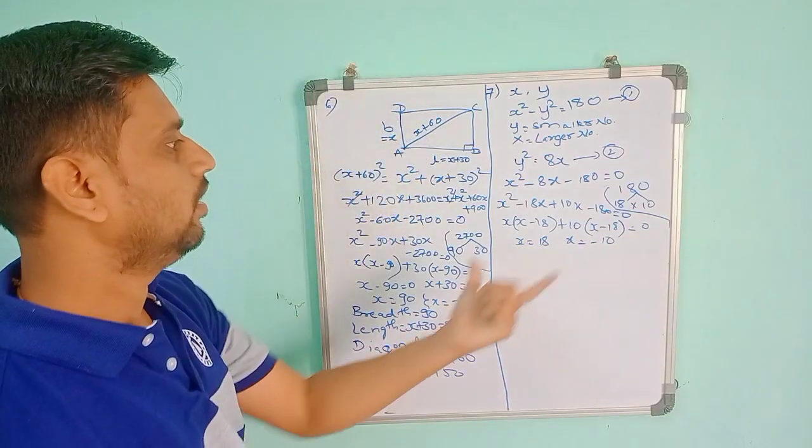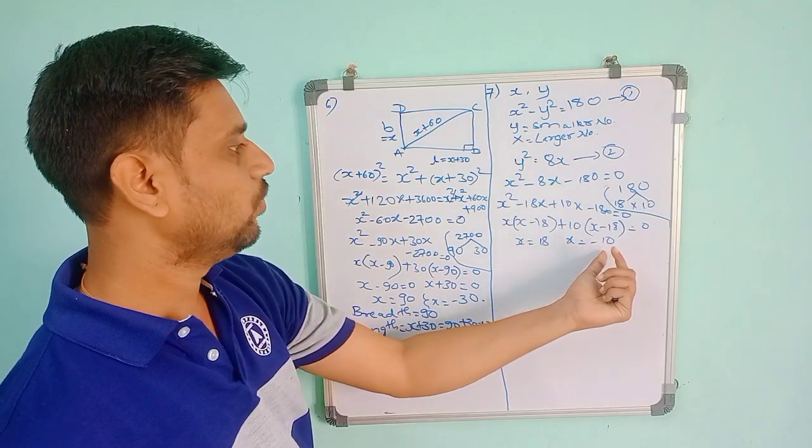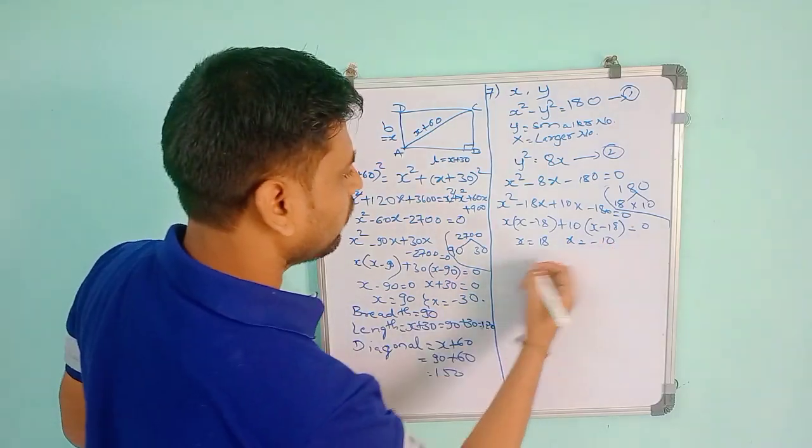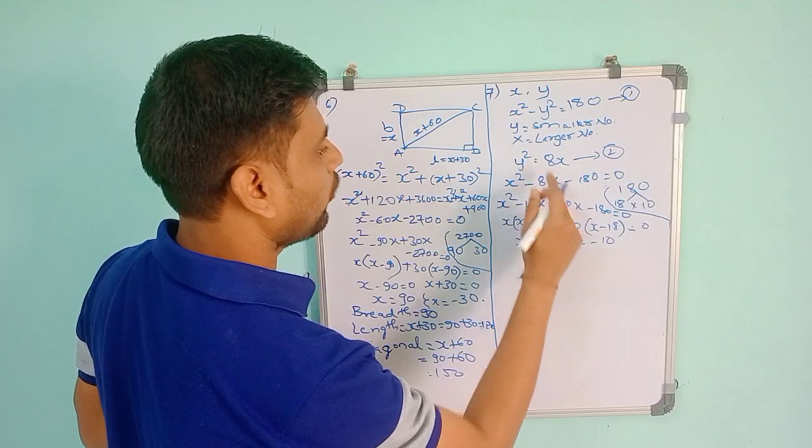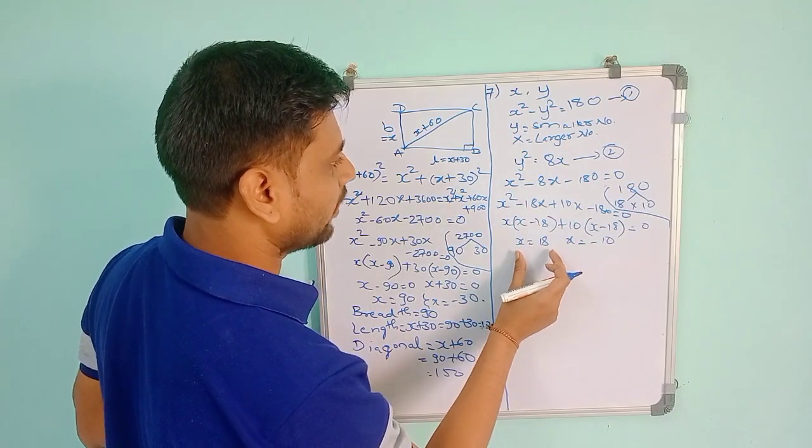So x is equal to 18 and x is equal to minus 10.